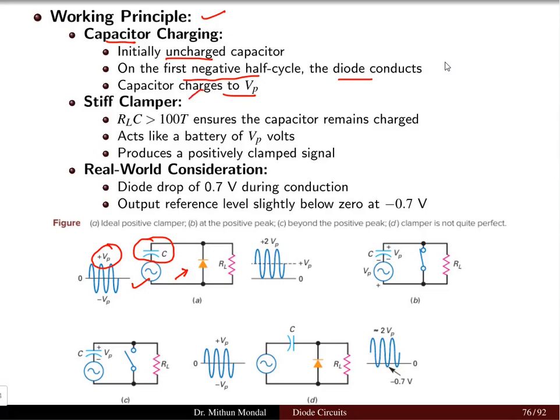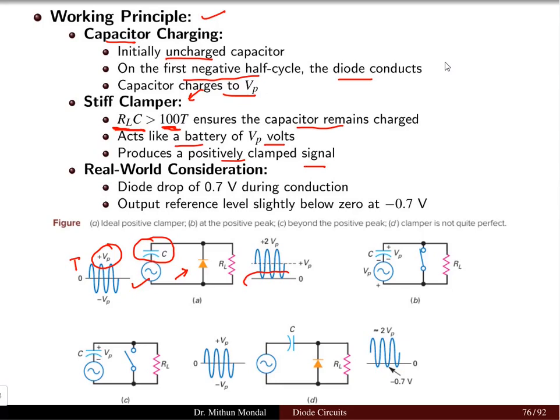The clamper should have a time constant, the product of RC, greater than 100 times the time period of the input signal to ensure that the capacitor remains charged. It acts like a battery having the voltage Vp, and it produces a positively clamped signal.